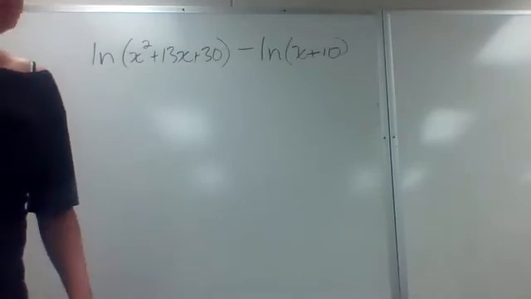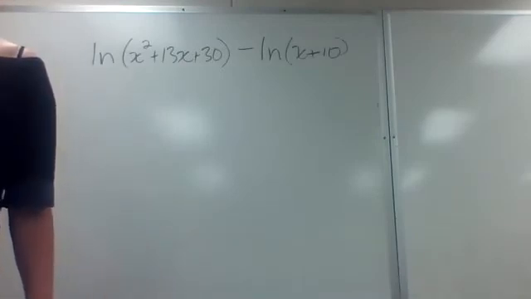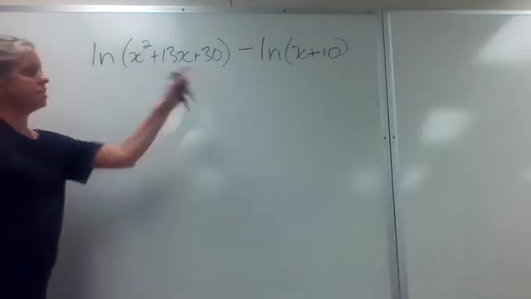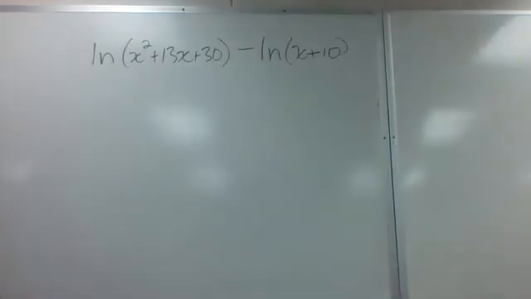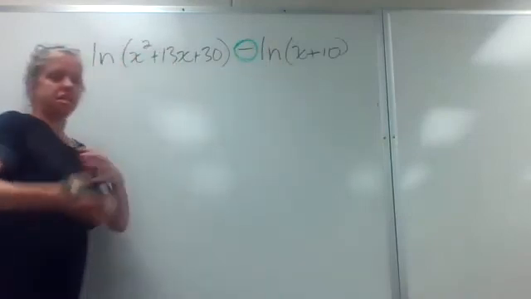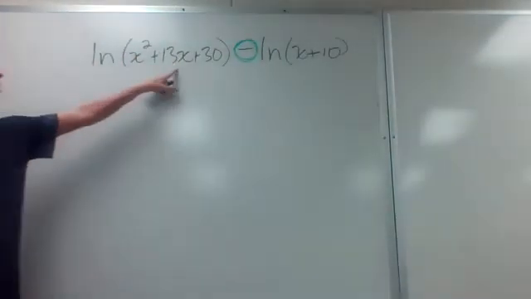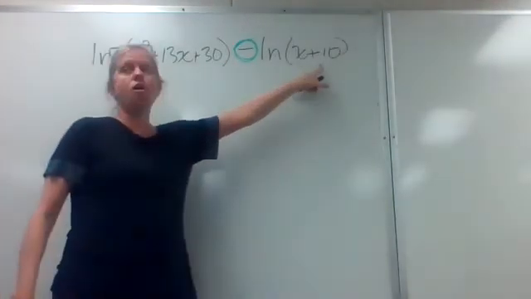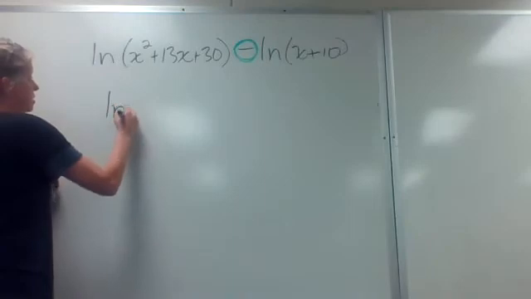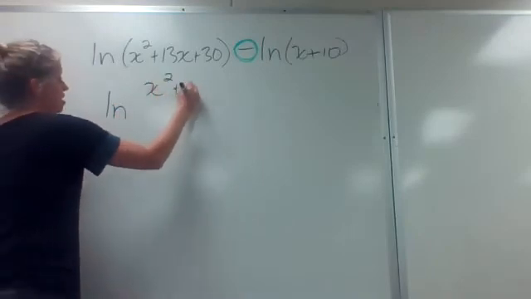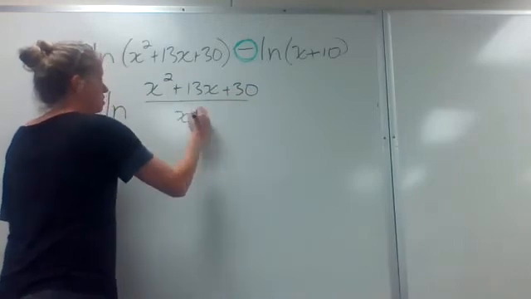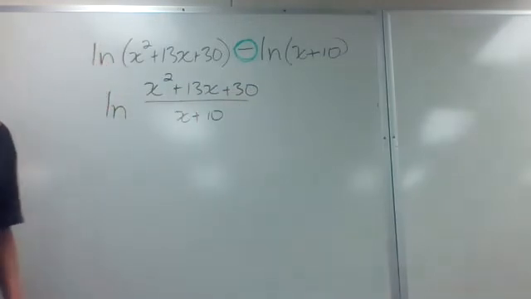So if I am simplifying, the first thing I want to do is turn this into a single logarithm, which means since it's minus, what is it going to convert to? This one over this one. So I've got ln of x squared plus 13x plus 30 over x plus 10.